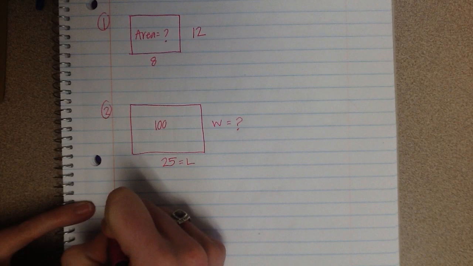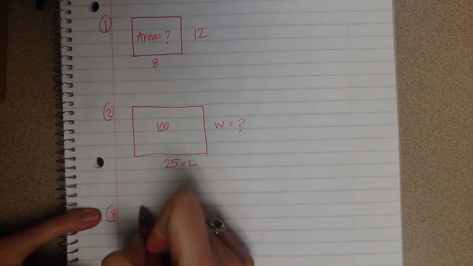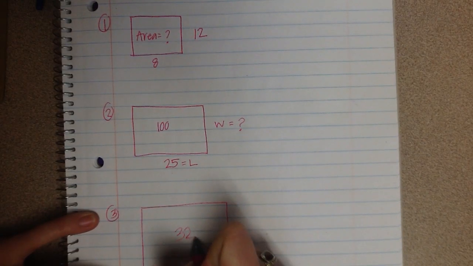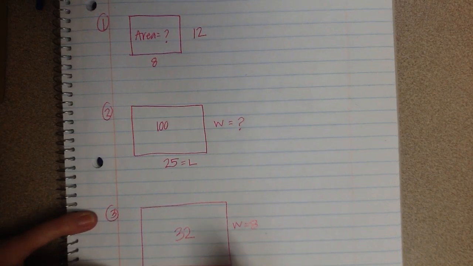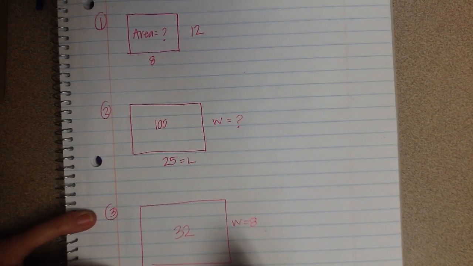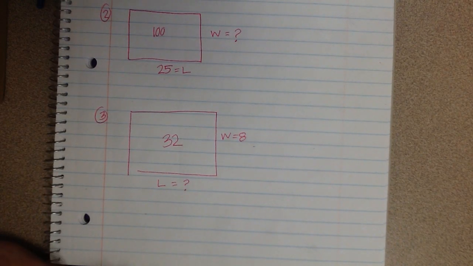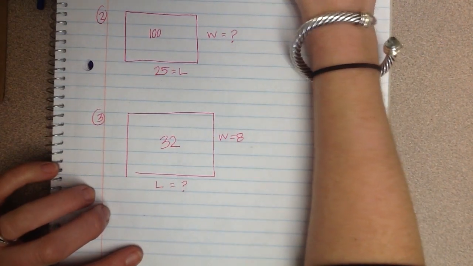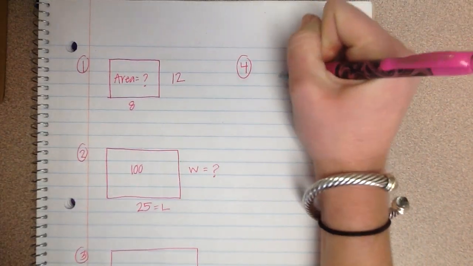Number 3, we're going to do, sorry, that's really big, 32. We'll say width equals 8. What does length equal? And problem number 4, let me make it a little challenging.